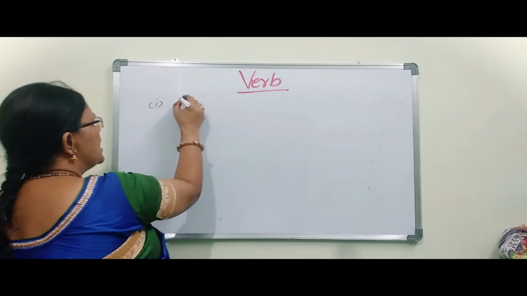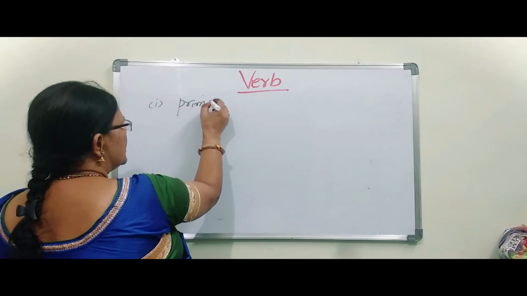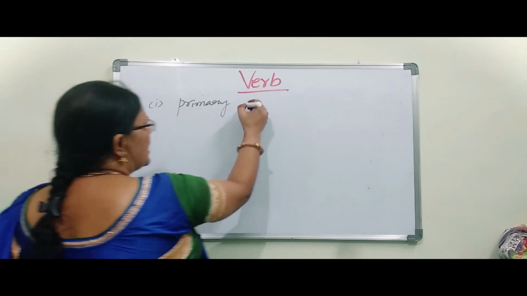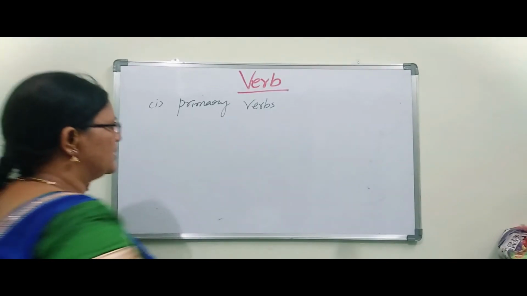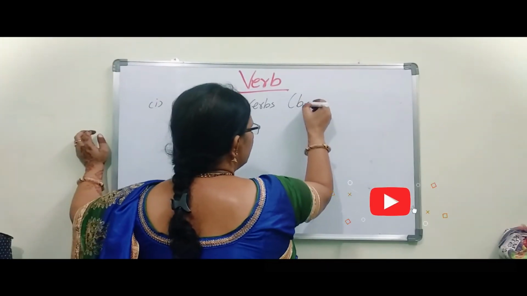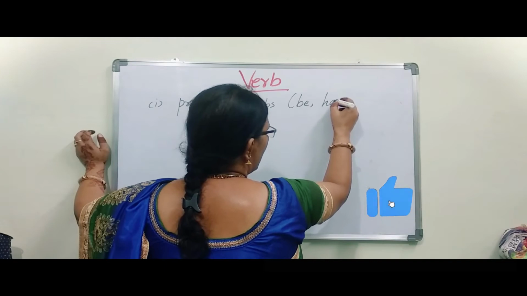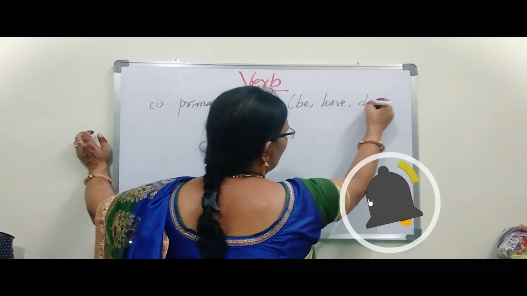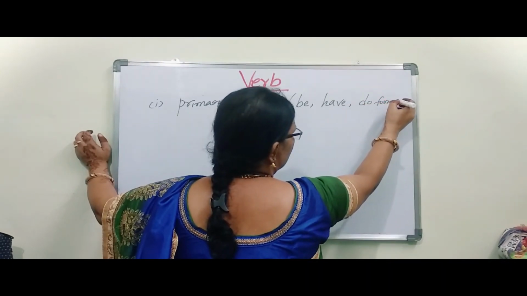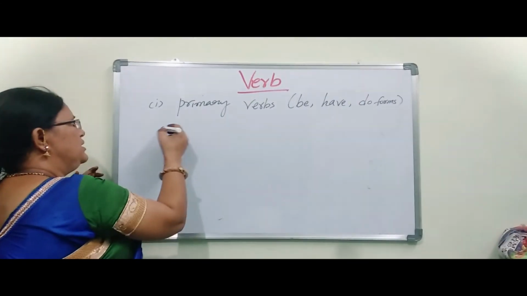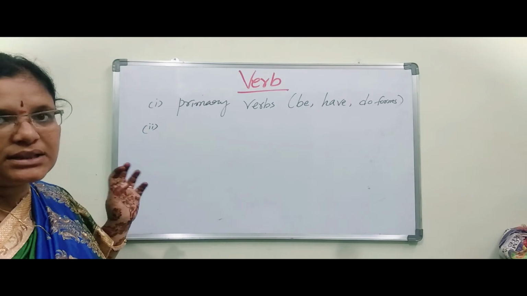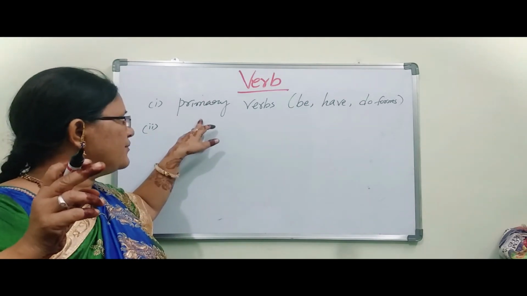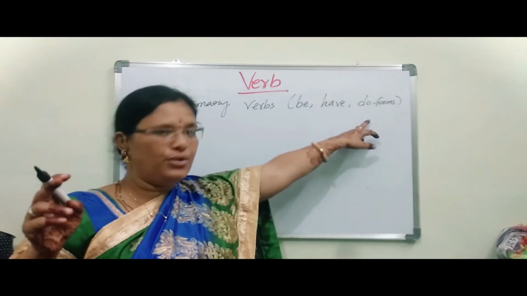First one is primary verbs. Under this, be, have, do forms. So two types of auxiliary verbs are there. They are primary verbs, be, have, do forms.